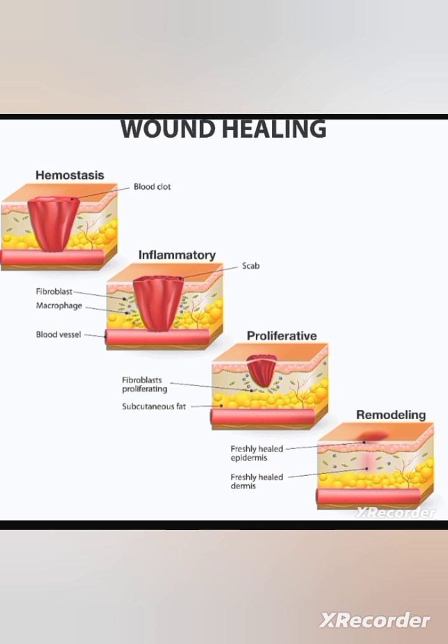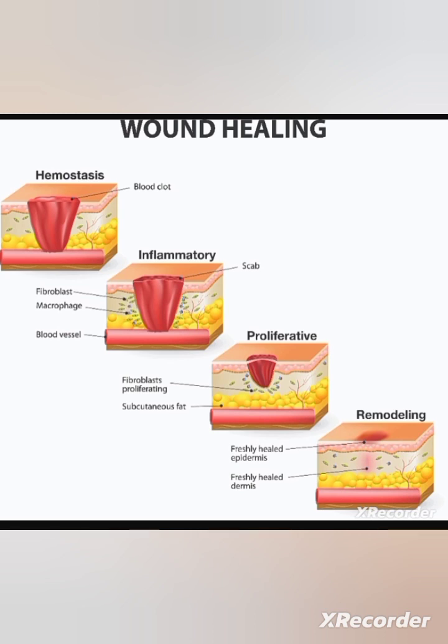Likewise there will be increased capillary permeability, so blood flow to that site will be increased in order to assist phagocytosis. In this phase, the damaged cells and pathogens will be destroyed. Here the patient will have redness, swelling, pain. So this is the inflammatory phase.